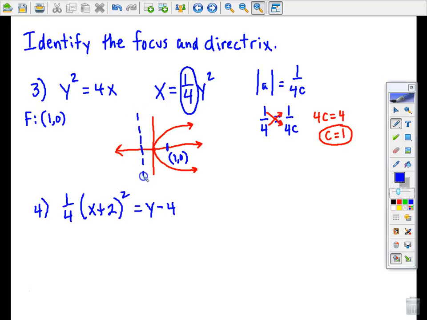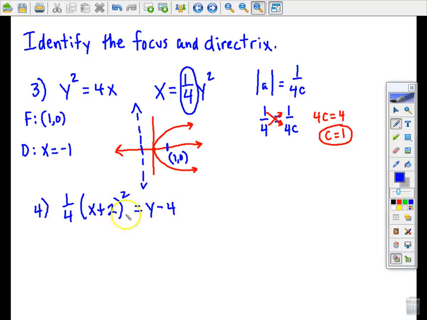So the way to remember the directrix is if your quadratic equation says x equals, your directrix should say x equals. They should match. And what does x equal? Well, I'm crossing the x-axis at -1. So that's the answer for the directrix. All right, done with number 3.